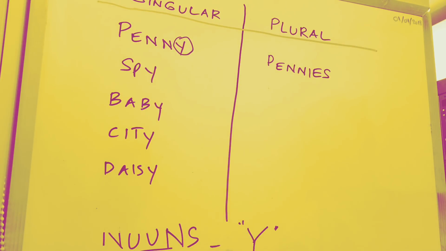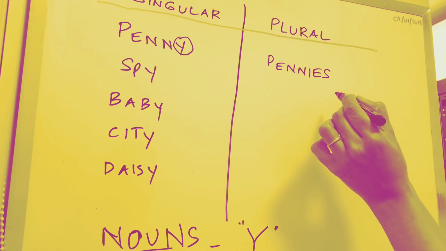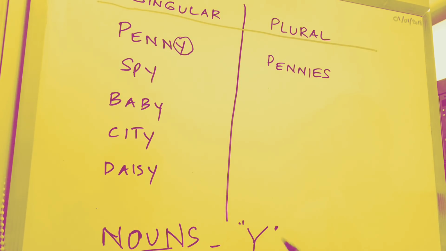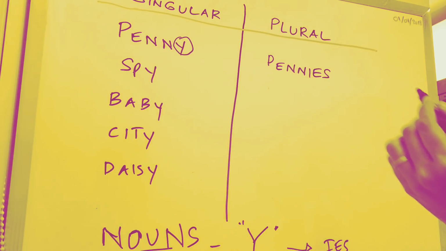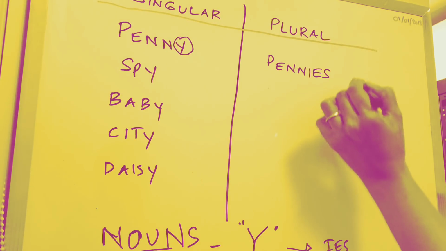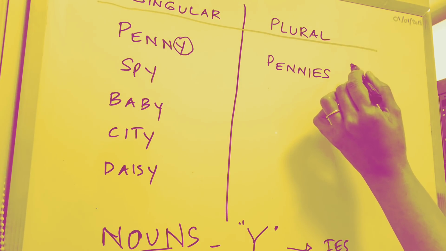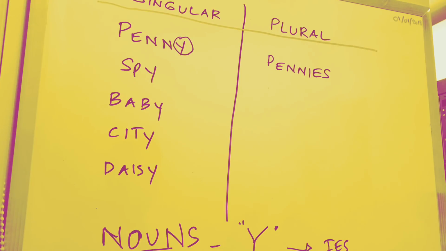So when you have a noun ending with the letter Y and you want to transform it into the plural form, you take out the Y and you add IES. So you see, that makes it into plural form. So these are just rules in English grammar, how you would write it, right?